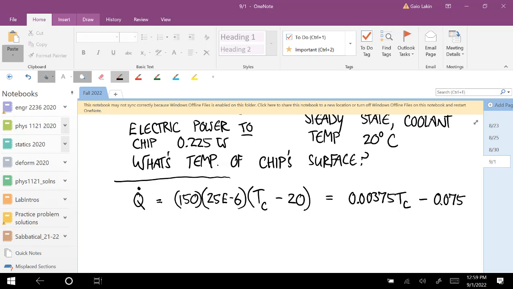What's happening here? Is energy going into the chip or leaving the chip? Leaving, so this needs to be negative. I'll write this as an absolute value, but for the first law, we need this Q dot to be negative.